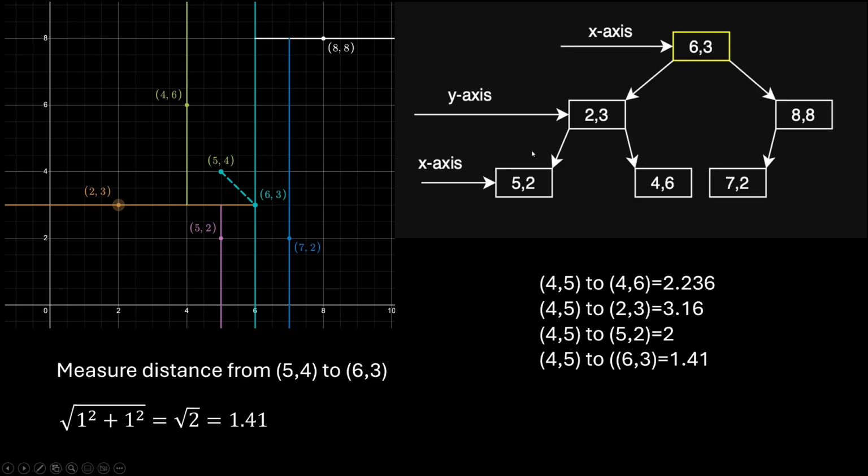Since we already backtracked to the root node, so the 6, 3 will be the nearest point from 5, 4, with no other node to check.